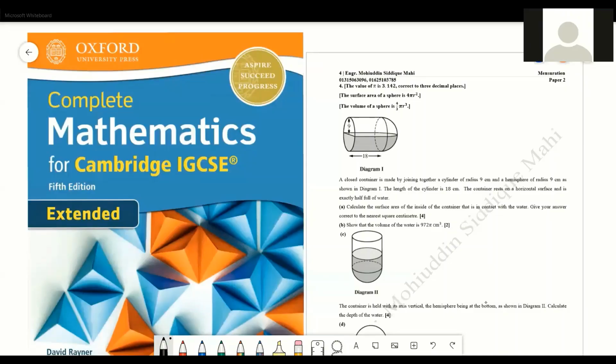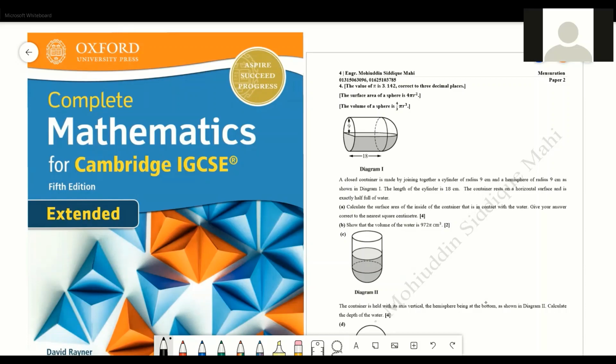Okay, so when you watch the video, make sure you have solved mensuration questions from the book. There are a lot of good books from where you can practice those questions, but the book I generally follow is Complete Mathematics for Cambridge IGCSE, 5th edition, and it's a very good book. The 4th chapter is related to mensuration.